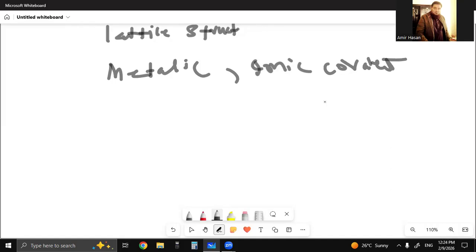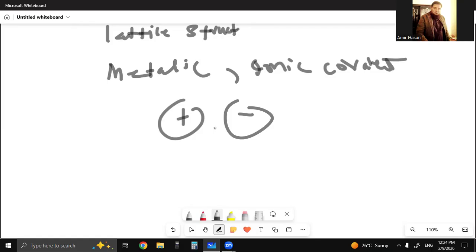Also, giant covalent compounds have a lattice structure. In an ionic compound, positive and negative ions arrange in a regular pattern. This is the crystal lattice, and in giant covalent structures, this crystal lattice is also present.